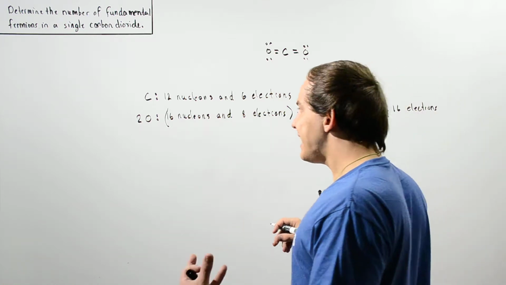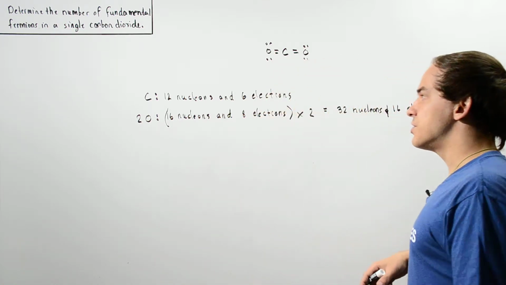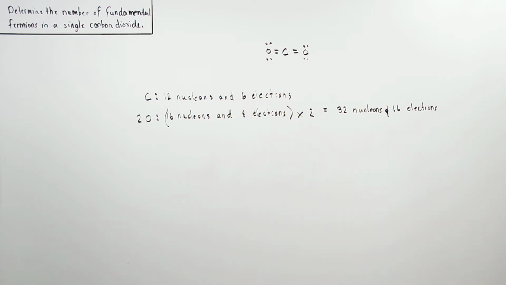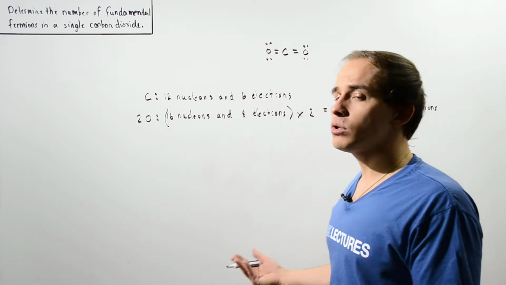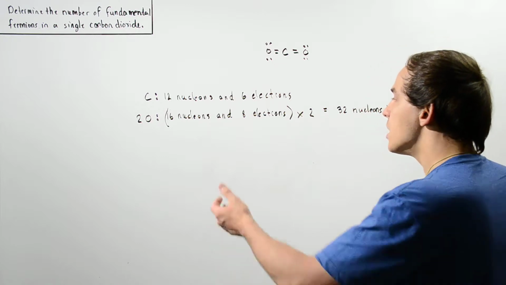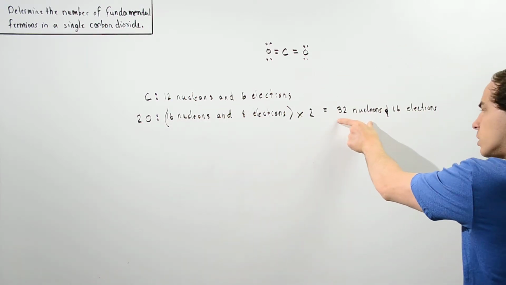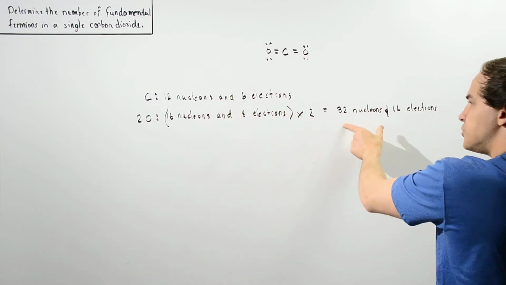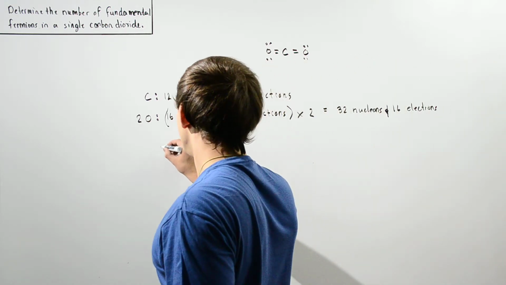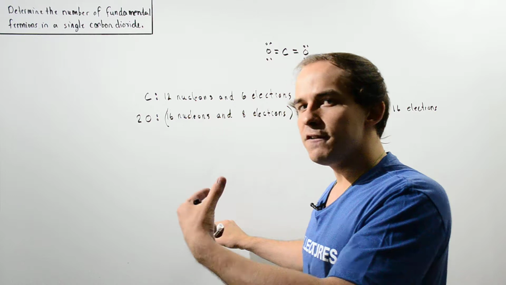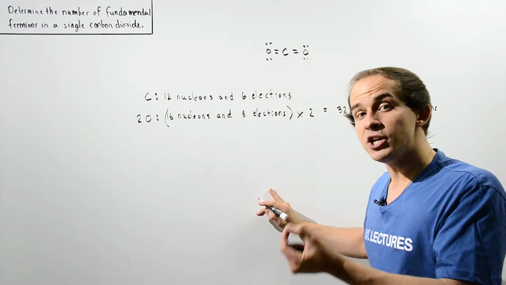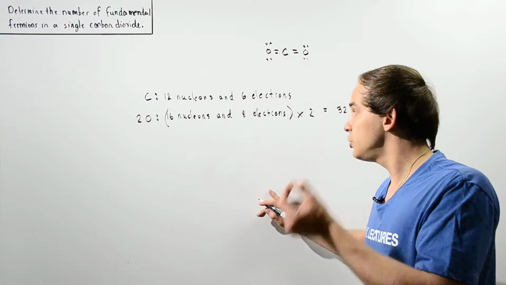Now, what is the number of quarks that we have inside our nucleons? Well, how many nucleons do we have to begin with? We have 12 nucleons and we have 32 nucleons. 12 plus 32 gives us 44 nucleons. Now we have 44 nucleons, but 3 quarks are found in a single nucleon.